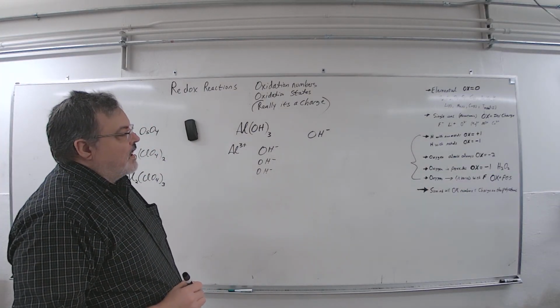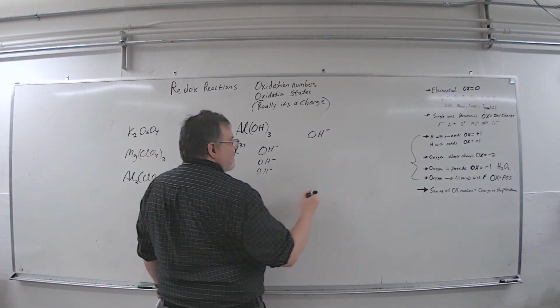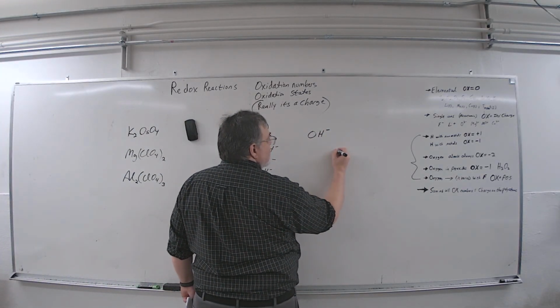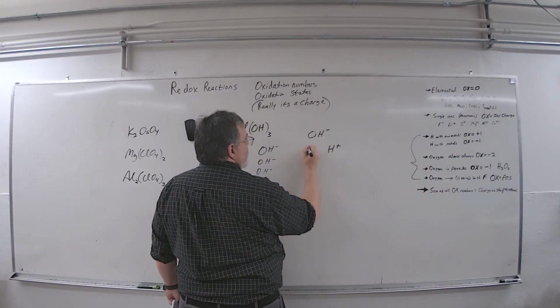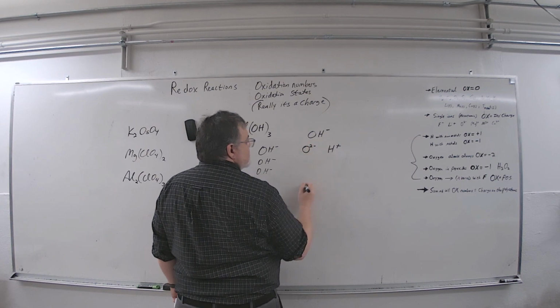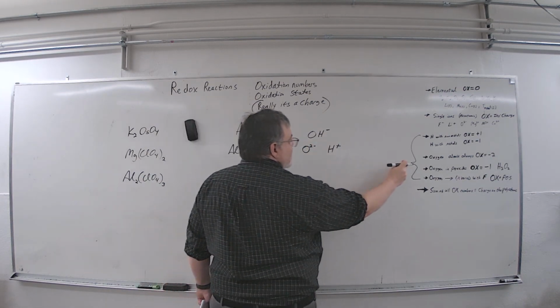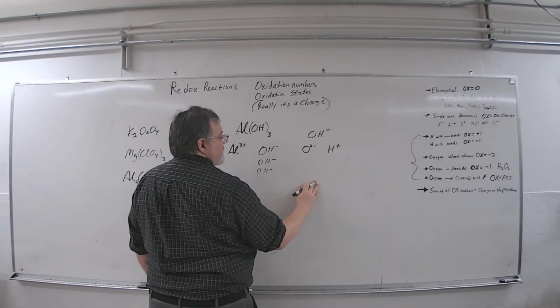Hydrogen with a nonmetal has what charge? That's plus. And then what is oxygen usually? 2 minus. It's not a peroxide, so like I said, it's almost always going to be this. And if you add those together, you do get -1.